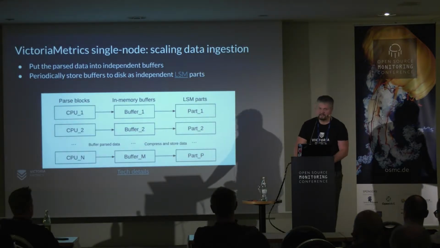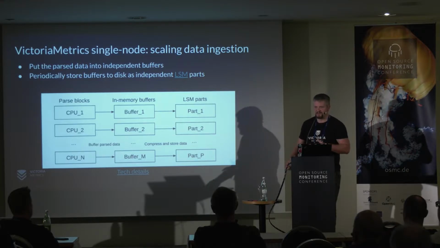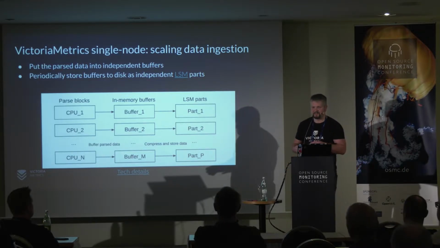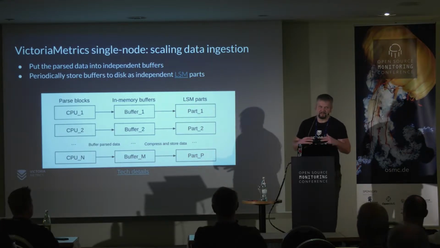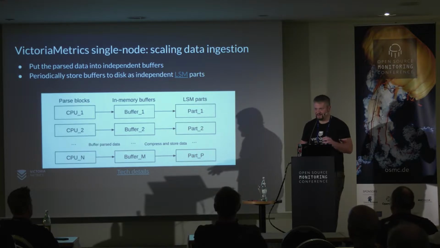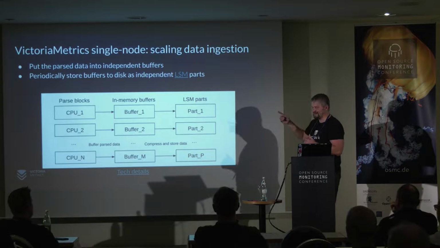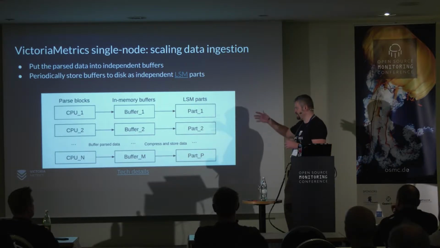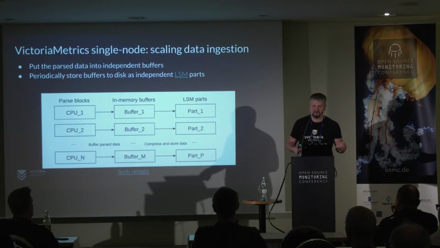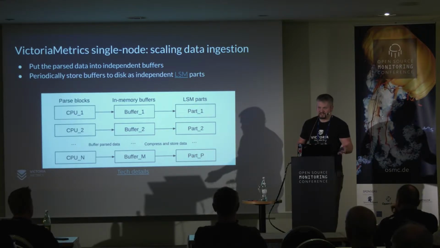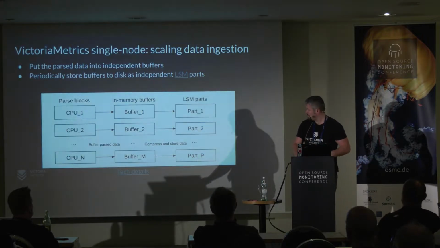And later, these in-memory buffers are periodically flushed to disk, and VictoriaMetrics stores data in a log-structured merge-like data structure on disk, and every buffer is written to disk in parallel on available CPU cores. This also increases the scalability of the data ingestion path of VictoriaMetrics.